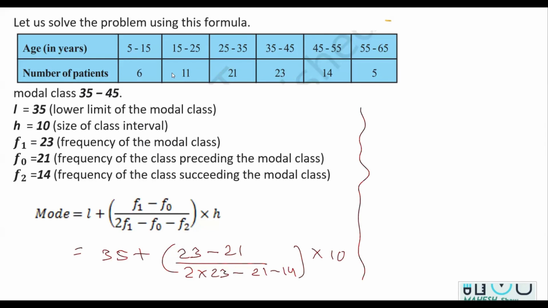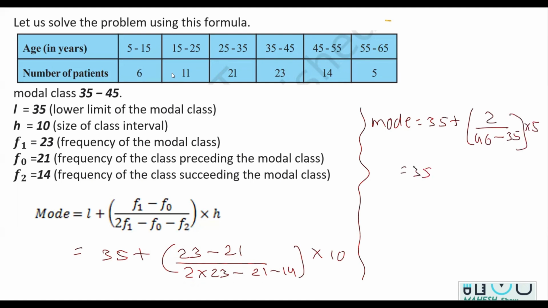If I solve this further, the mode is 35 plus the difference 23 minus 21, which is 2, divided by 46 minus the sum of 62, multiplied by the class size.